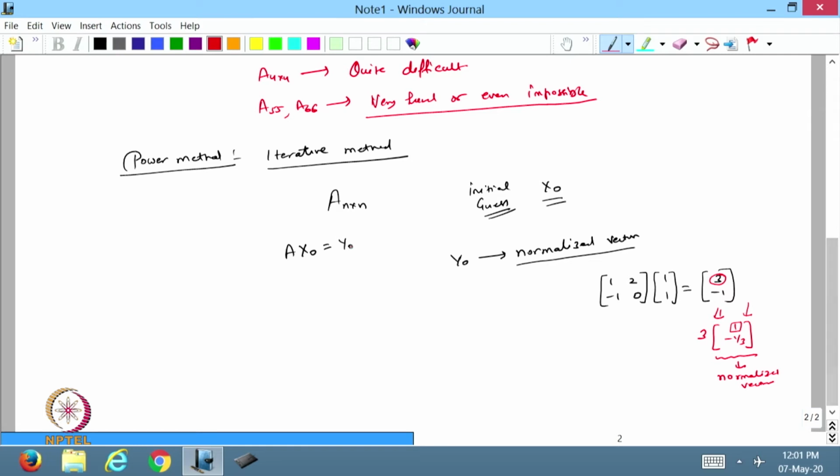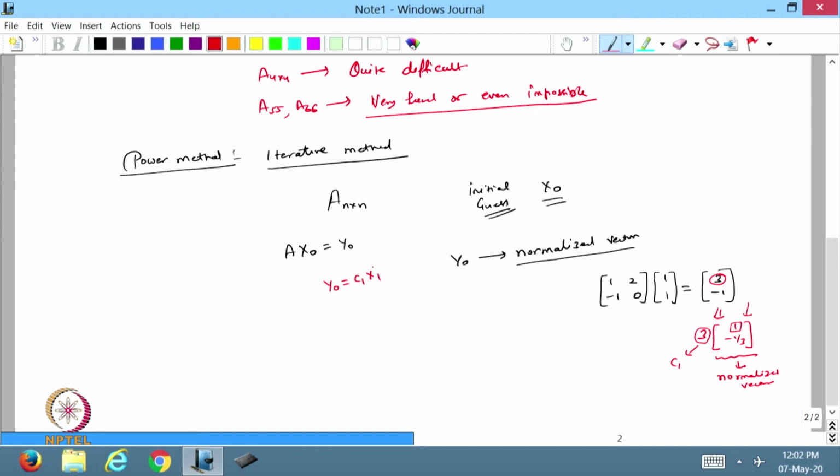Okay. So, what do we do? In the y naught, I take the highest element common and call it c1, and the remaining vector becomes x1.